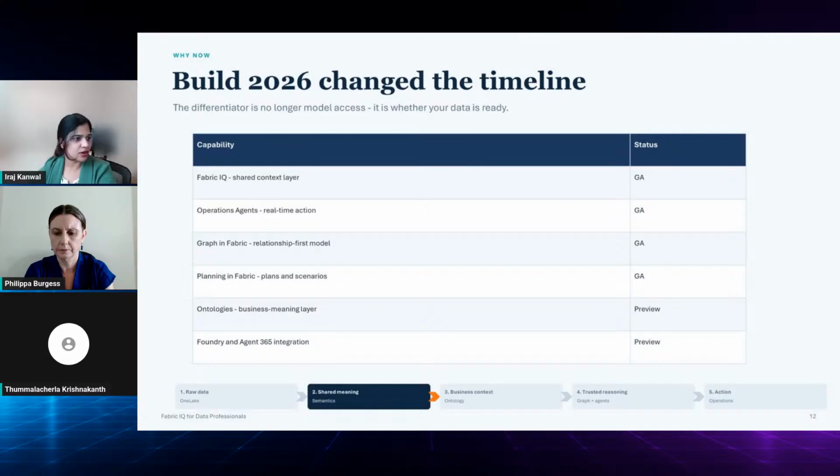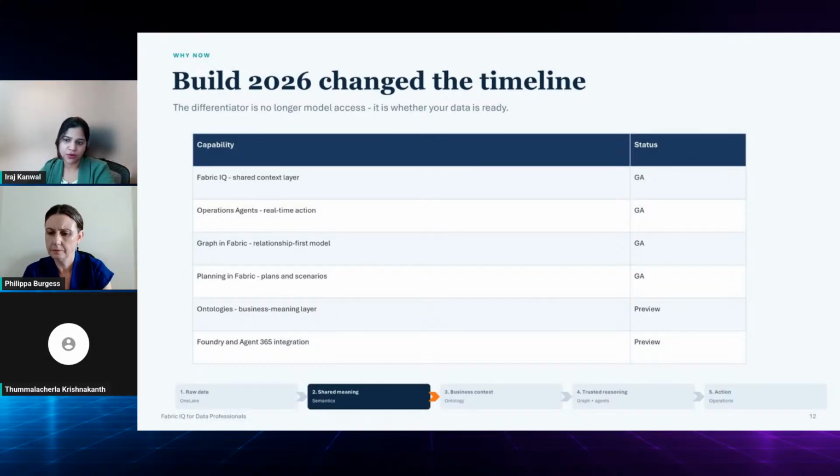Now that we have talked about the architecture, there are some timelines for when these features were introduced. And why is this urgent now? Because the agent ecosystem is moving from experimentation to production. There are several building blocks that are already generally available: Fabric IQ as a shared context layer, Operations Agent for real-time action, Graph in IQ for relationship-first modeling, and planning in Fabric for scenarios and forecasting.